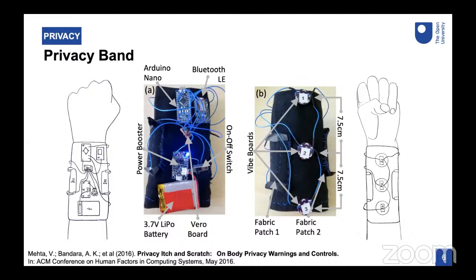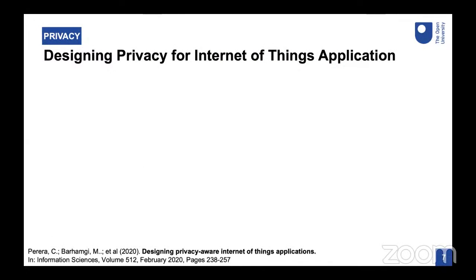As I said, I want to now look at how we help designers, engineers design privacy into their Internet of Things applications. So fundamentally, design is a process of being able to try things, but then ask systematic questions about the design in order to figure out how well it meets the requirements.